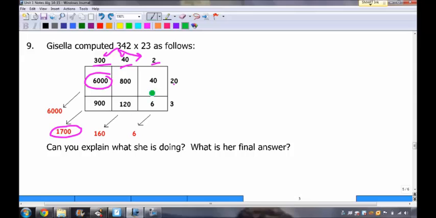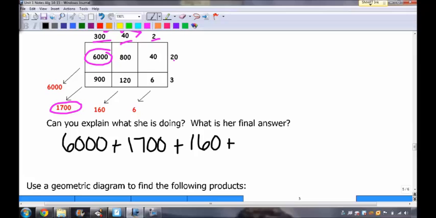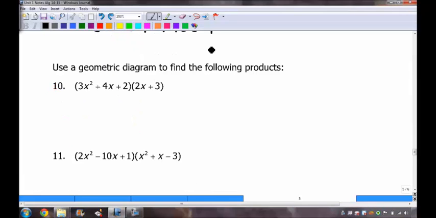This 160 came from combining the 40 and the 120 together. There's your tens, and then this is your ones, okay? So then the final answer would be 6,000 plus 1,700 plus 160 plus 6, so you end up getting 7,866.